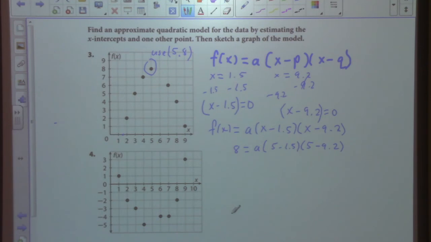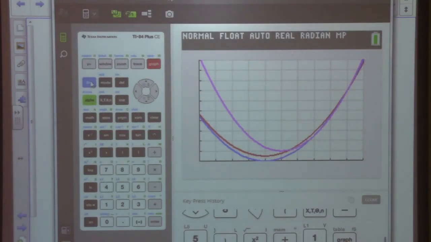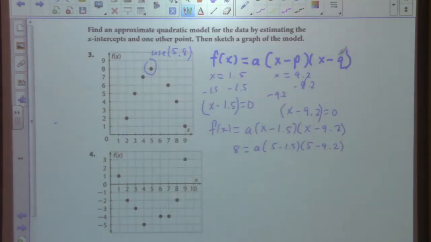So we can go to our calculator. I just happen to have worked this out for the last class. So 5 minus 1.5 times 5 minus 9.2, we get negative 14.7. So 8 equals negative 14.7a. So what is a equal to?